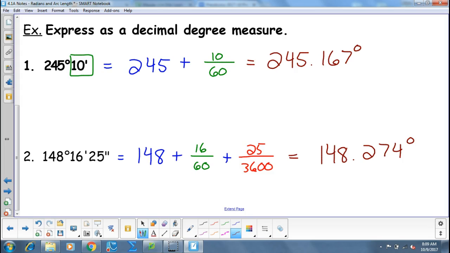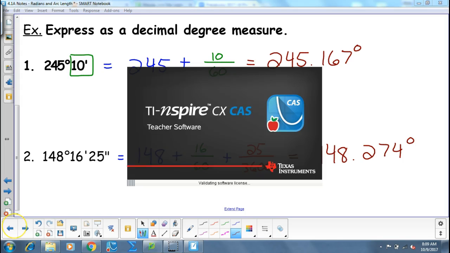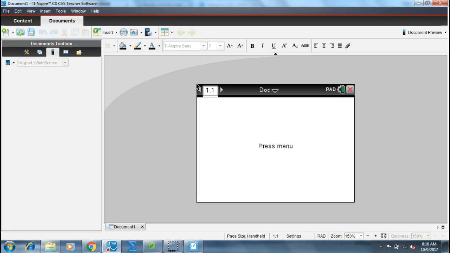Now, on the Inspires, it's relatively easy to do that calculation. On a regular calculator, you got to use parentheses a lot. So on that one, it would have been, in parentheses, 16 over 60, plus, in another set of parentheses, 25 over 3,600, and then on top of all of that, plus 148. Okay?